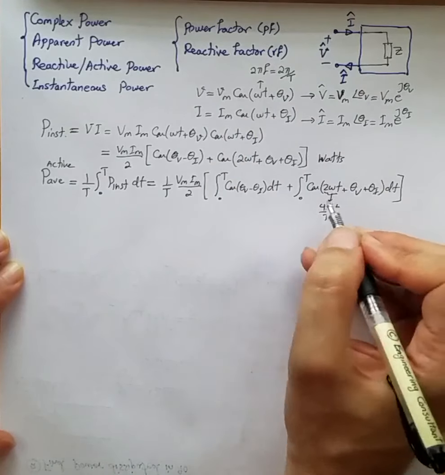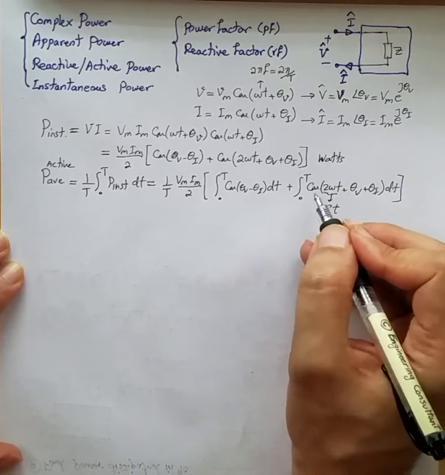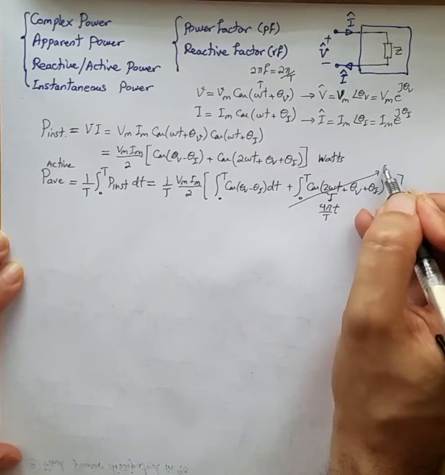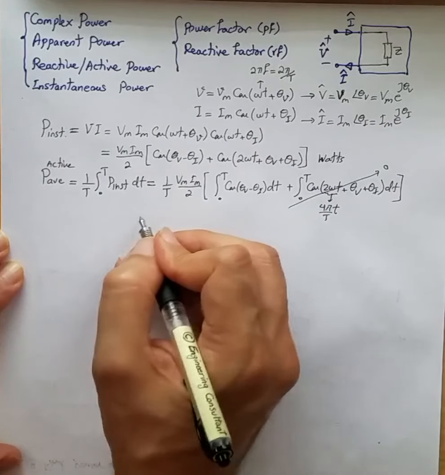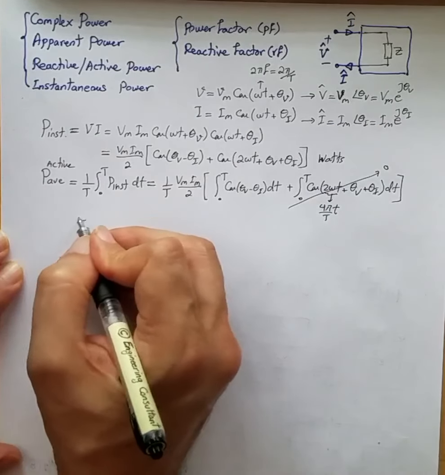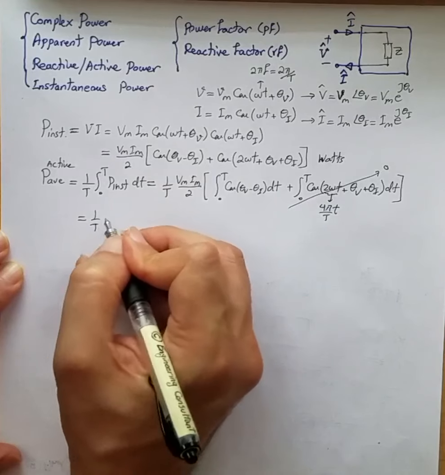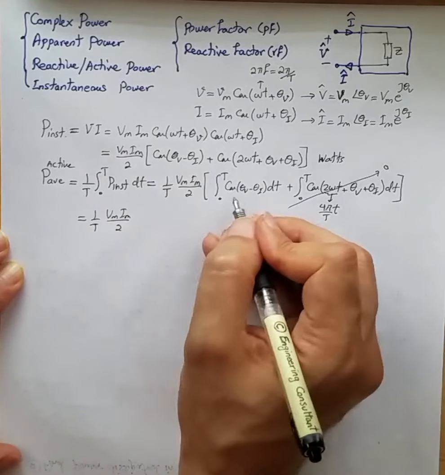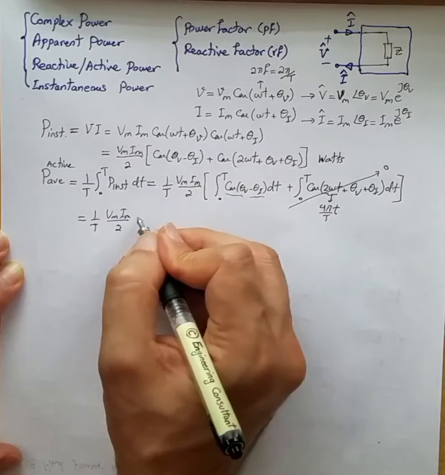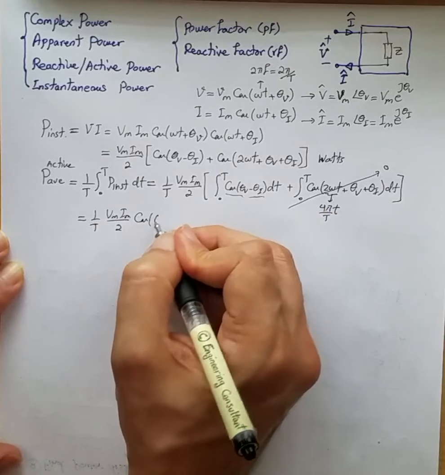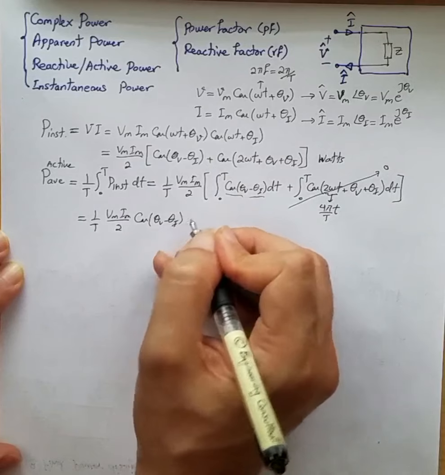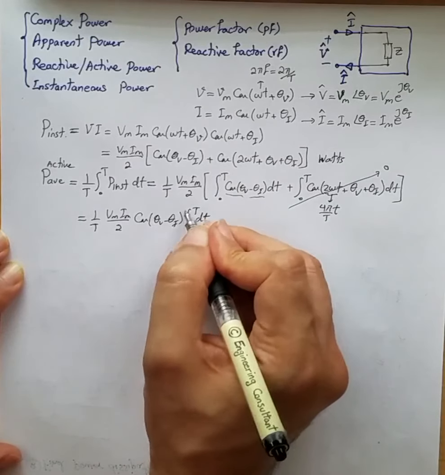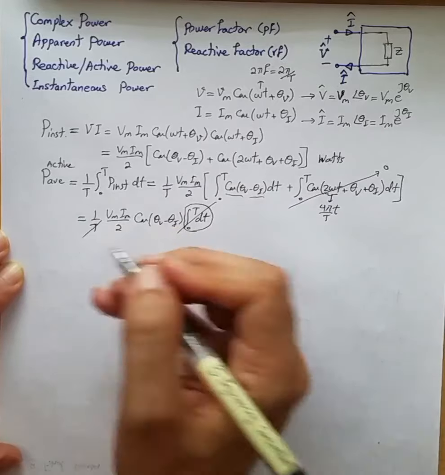We know that the integral over one period of the cosine from 0 to T of this whole thing is 0. So this goes away, and therefore the average active power becomes 1 over T, Vm Im over 2, and this is a constant, so we take it out of the integral, so it's cosine theta V minus theta I. We end up with just the integral from 0 to T of dt, and this thing is just T, so it cancels out with the denominator.